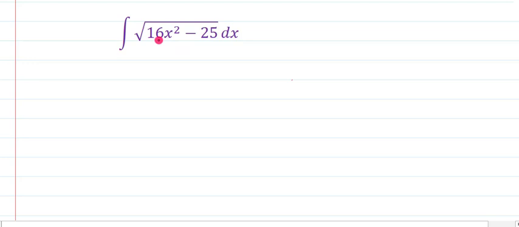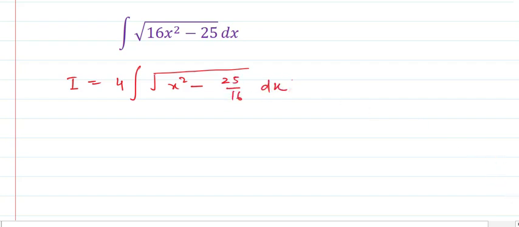We need to change this coefficient of x square to 1 always before applying the identity. So to make it 1, let us take 16 outside, and after taking this out, we will be left with 4 only, and left with square root of x square minus 25 upon 16 dx.